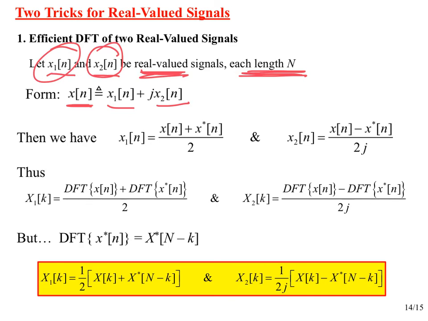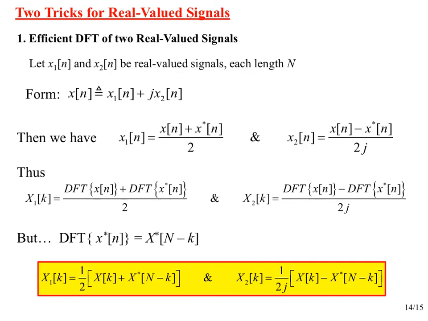Well, if I took x and added the complex conjugate to it, so remember the complex conjugate is x1 minus j x2, when I add the complex conjugate, the imaginary parts cancel. I'm going to get x1 plus x1. That's why I divide by 2. Okay, so that's good. Same thing to get x2 back, except now I'm going to subtract the conjugate.